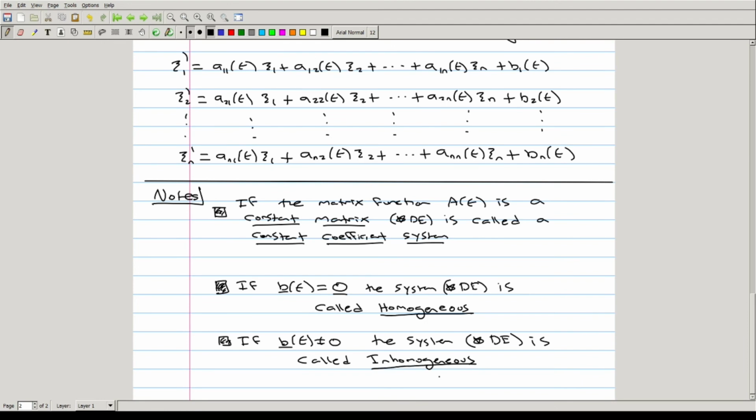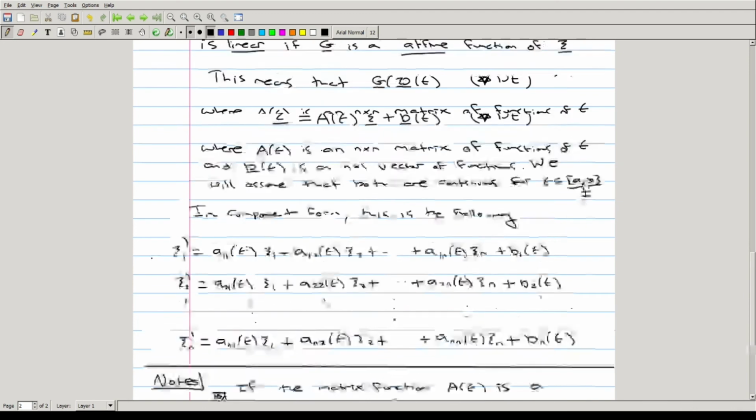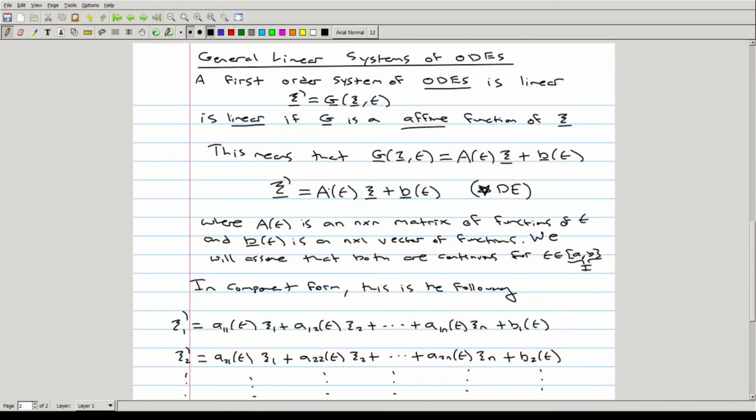And this is going to be a very important distinction because it's actually going to determine how we go through and solve the most general solution for the IVP. We go through and solve the initial value problem for any given differential equation system of this form.